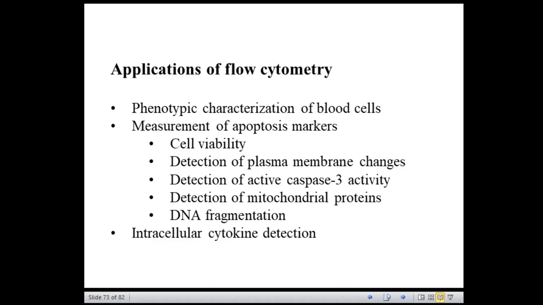This is with respect to the cells, so you find the molecular changes as well as morphological changes. And one of the earliest events in an apoptotic cascade is the alteration in the plasma membrane. So that is the reason why it forms an apoptotic marker.